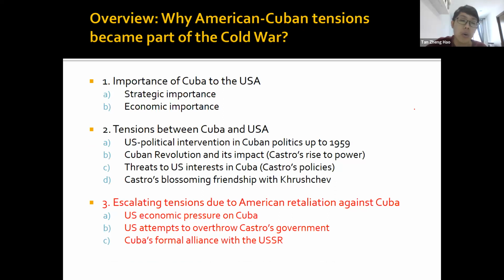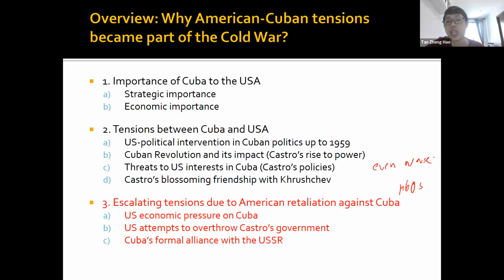Okay, now we're going to look at the more recent time period, closer to the Cuban Missile Crisis, maybe in the 1960s. Now that Cuba was starting to appear very close to the USSR, how did the relationship become even worse? Because of what Cuba did just now, America will have a certain reaction, and the reaction will worsen the relationship even more.